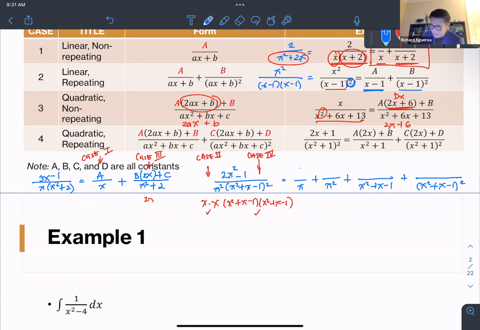Since this is linear, case 1, this is just A, this is just B. Then what's the derivative of x squared plus x? It is 2x plus 1. So that makes it C times 2x plus 1 plus D. And here, that would be E times 2x plus 1 plus F.